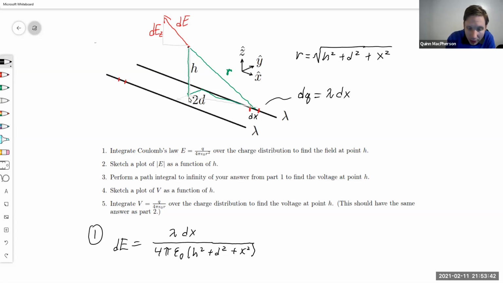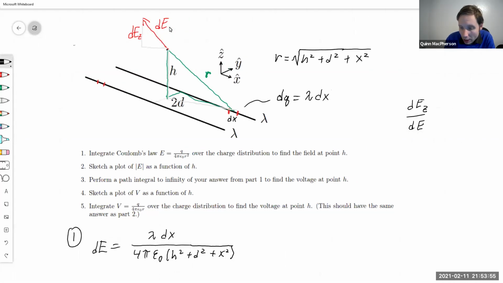In particular, dEz, the vertical component, over dE, the fraction in the vertical direction, is equal to sine theta, where this thing right here is theta. This is also theta by trigonometry rules.